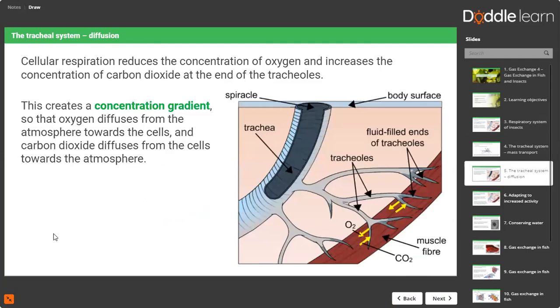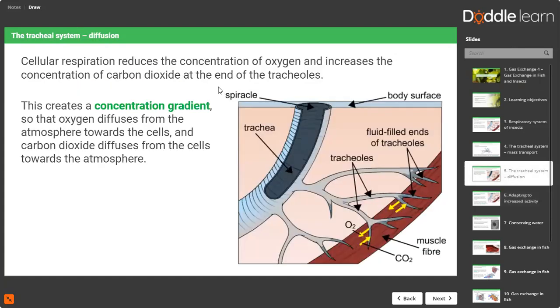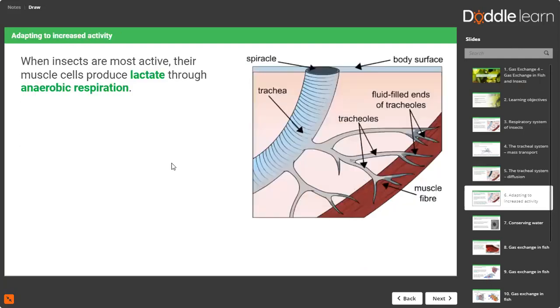So, in a similar way to our bodies, this creates a concentration gradient, so that oxygen diffuses from the atmosphere towards the cells, and carbon dioxide diffuses from the cells towards the atmosphere. That is almost identical. Obviously, it's a different structure inside, but that actual diffusion is the same concept and basis that it would work on in our bodies. So, adapting to increased activity.